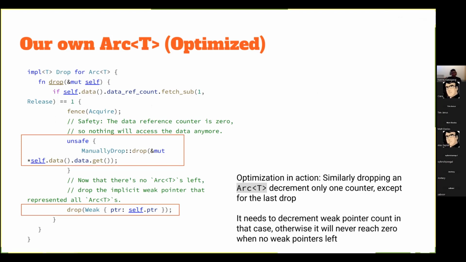We need to decrement it by 1, because otherwise there is no way this Weak pointers count will become 0. Even though there is no Arc reference out there, if we don't decrement this other counter in the drop method, this Weak pointer counter will never become 0, meaning the Arc data will never be freed when the final Weak pointer is freed. That's the only case we decrement the other counter in the Arc drop implementation.